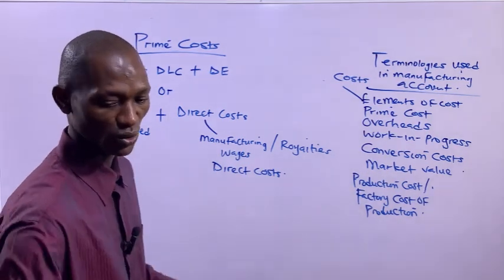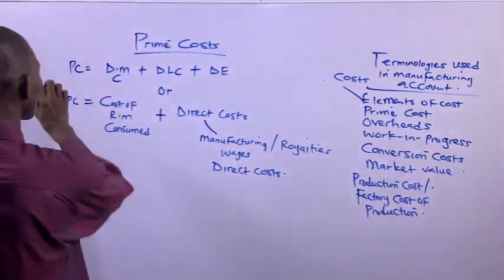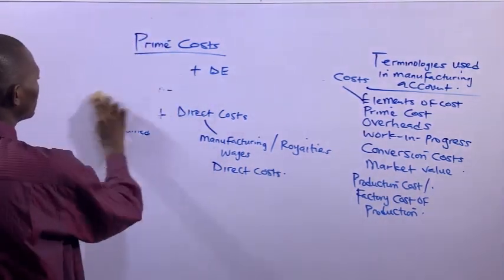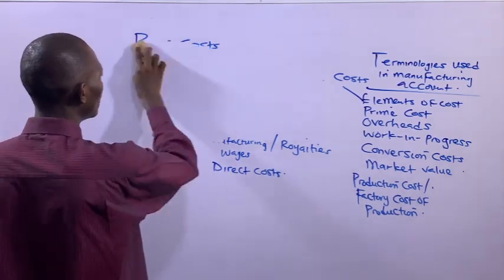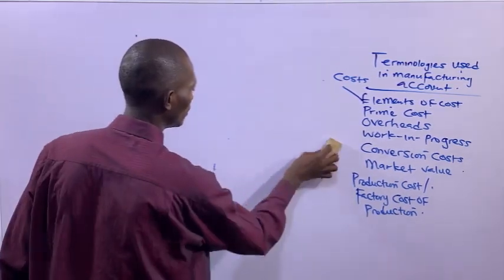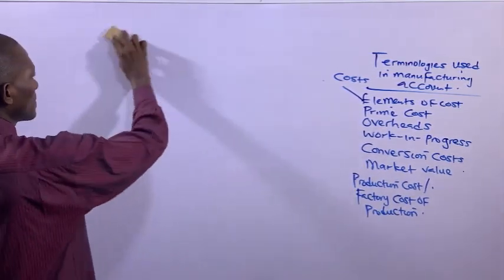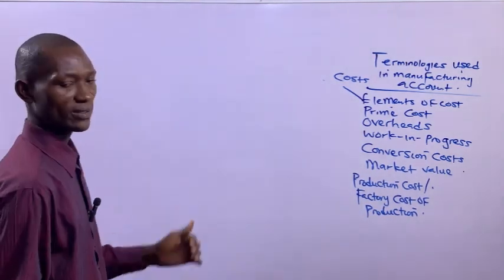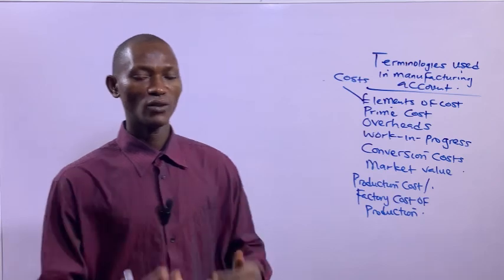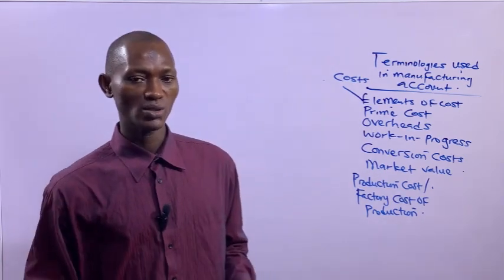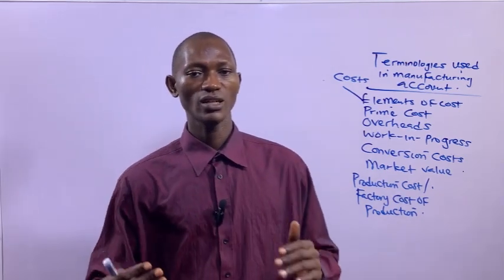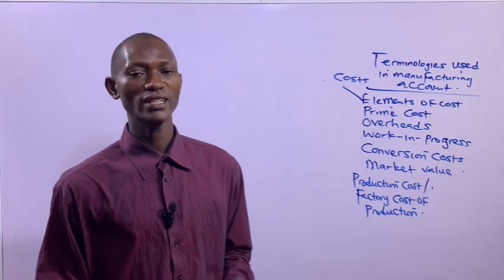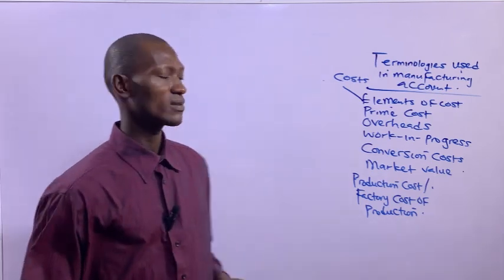So let's go to the other one, overheads. Overheads, like we said, is the addition of all indirect costs: indirect material costs, indirect labor costs, and indirect expenses.